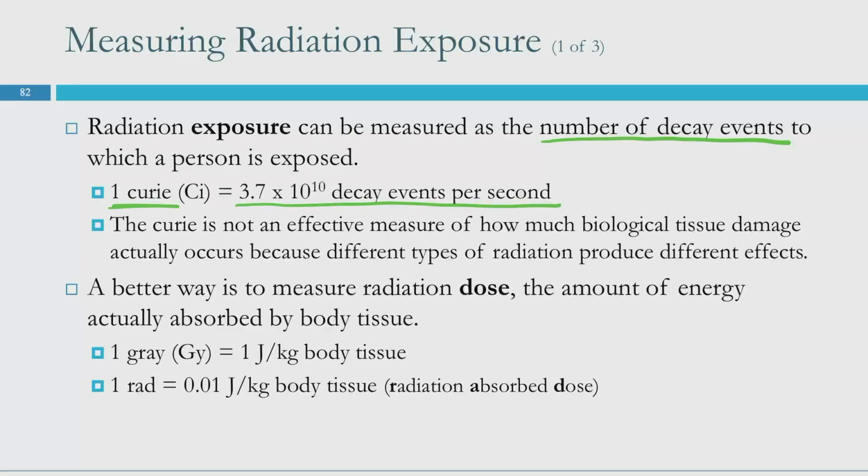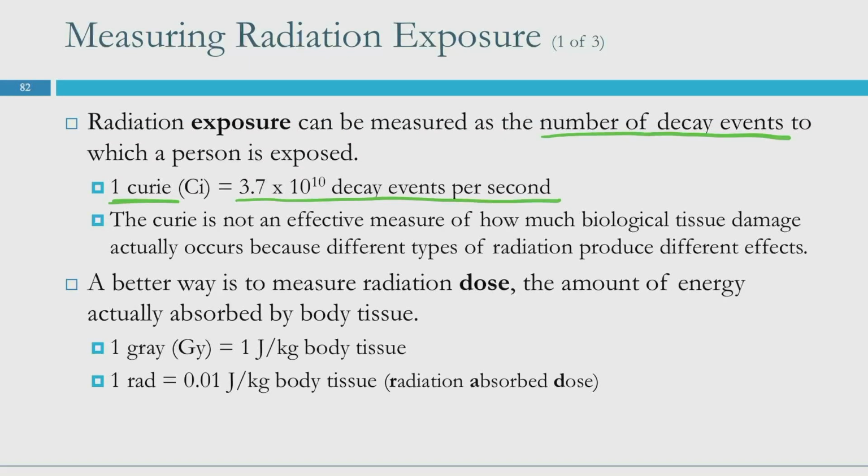So the Curie, and there's a couple of other ones that are analogous to a Curie, measure how many decay events a nucleus is undergoing in a period of time. But this is not an effective measure of how much biological tissue damage you're receiving, because the amount of radiation that's being produced doesn't correlate one-to-one with how much damage you're receiving.